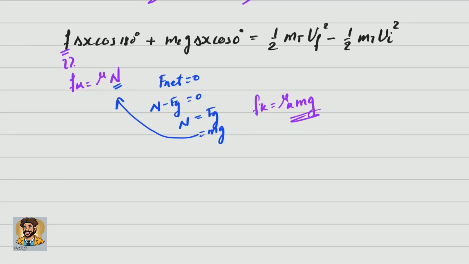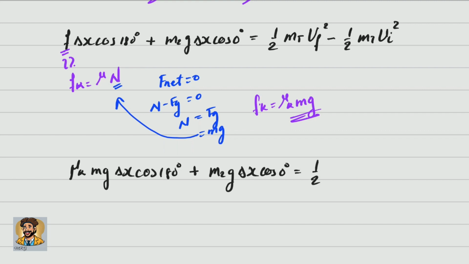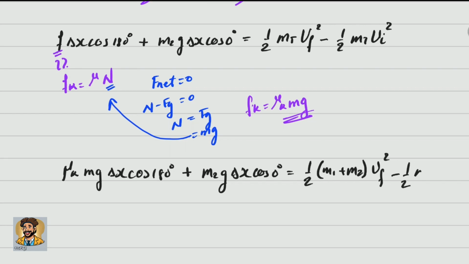We substitute everything in here and get the kinetic coefficient of friction multiplied by the mass, acceleration due to gravity, displacement, cosine of 180 degrees, plus m2 g displacement cosine of 0 degrees is equal to half the total mass. The total mass is the addition of the two masses, so this is m1 plus m2 final speed squared minus half m1 plus m2 initial speed squared.